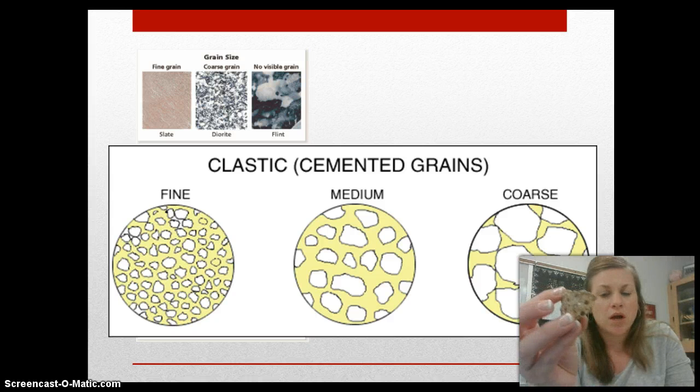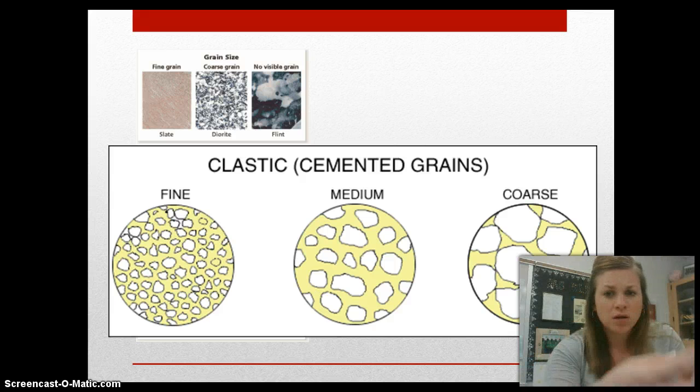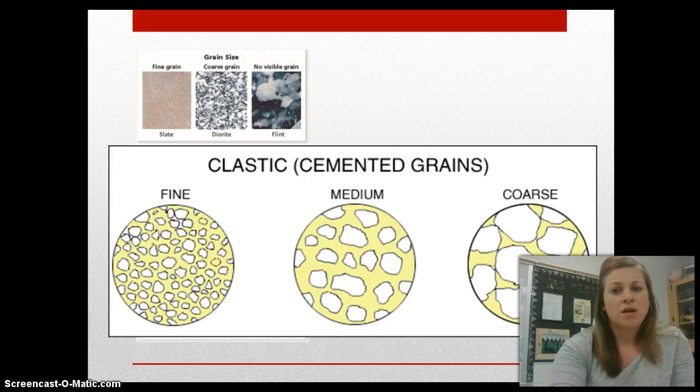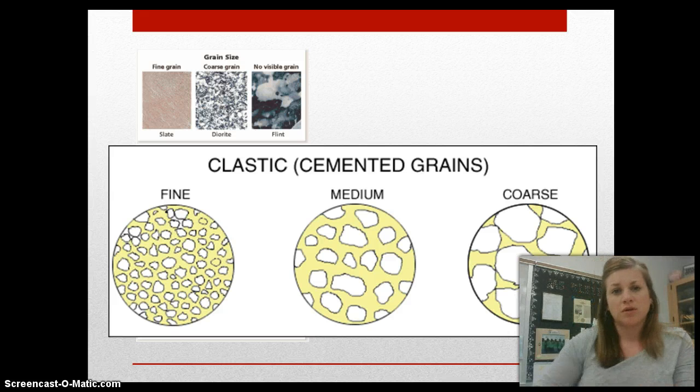It is coarse grain, so it's got large grains. You can see it. So I would say this would be a large coarse grain. Okay, so then you have fine, medium, and coarse. I would draw what you see in those circles and label them and give yourself an example. Now, I'm not going to ask you specific rocks, so just know that, alright? But there's an example. It shows you the picture as well of what those different rocks look like.